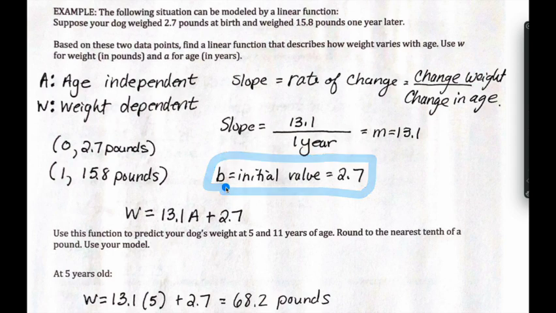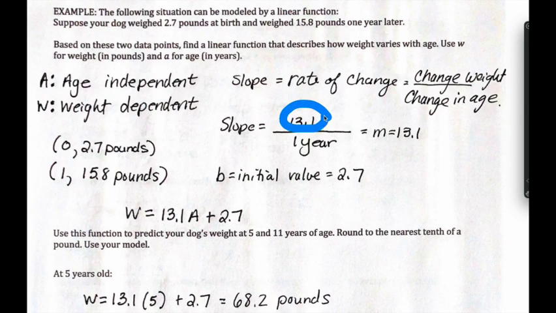Where we have to do a little extra work is to find the slope, because they don't tell us how the weight and the age change with respect to each other directly. So remember, the slope is the change in my dependent over my change in my independent. And remember, my dependent is my weight.